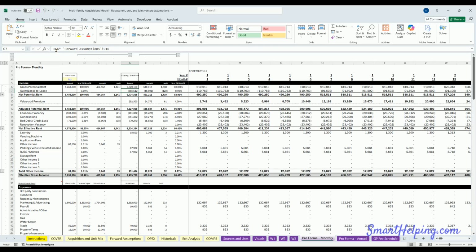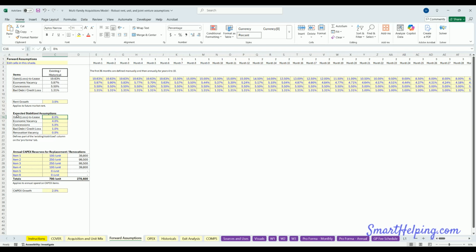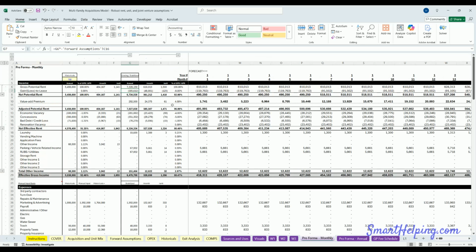That means your forward assumption C16 is going to tell you what's your stabilized expected loss to lease, which just means the percentage under the market rent you think you'll charge. So for stabilized, I think this is the max market rent. We'll charge a little bit less maybe on a long-term basis. So you've got your stabilized net potential rent.